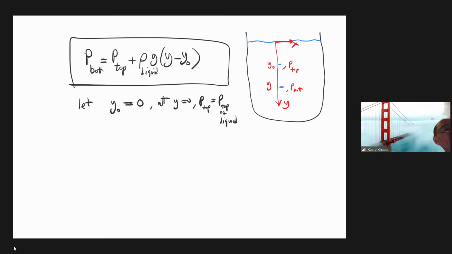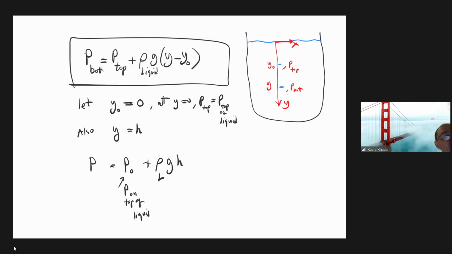And then I'm also going to let y be equal to h. All right, so now I'm going to rewrite the equation. P is equal to P on top of liquid plus rho of liquid g h.